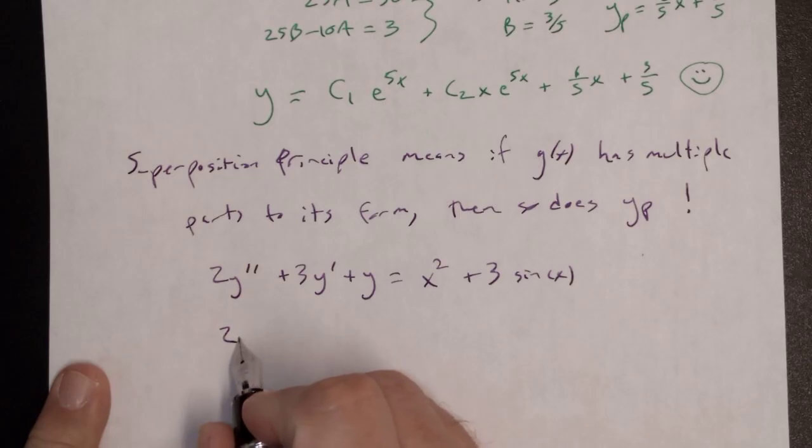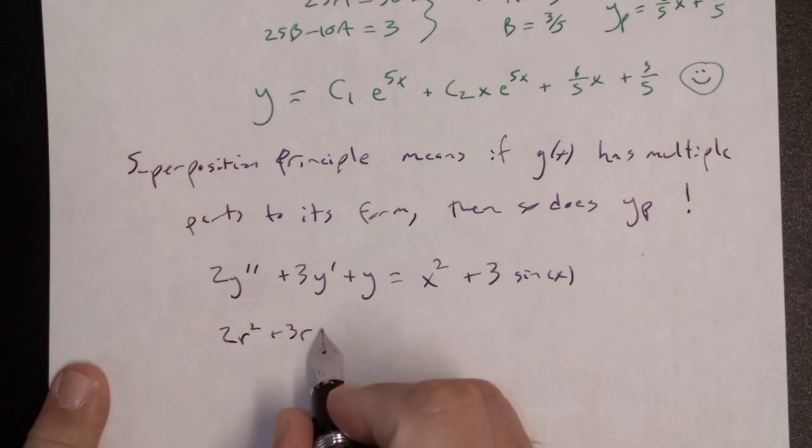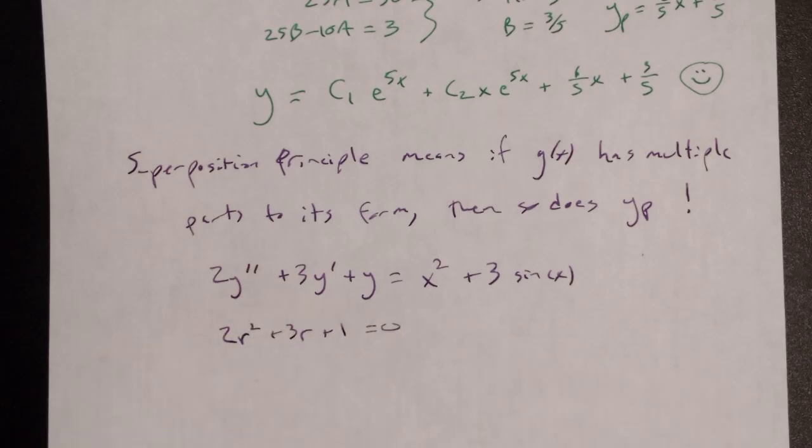So that's 2r squared plus 3r plus 1 equals 0. What do I get for roots for that quadratic? 2r plus 1, r plus 1.